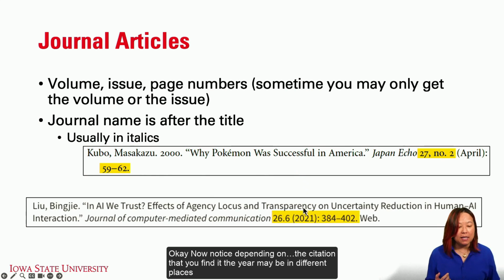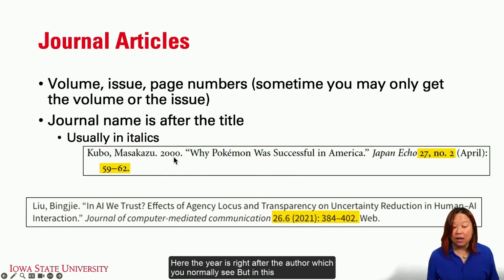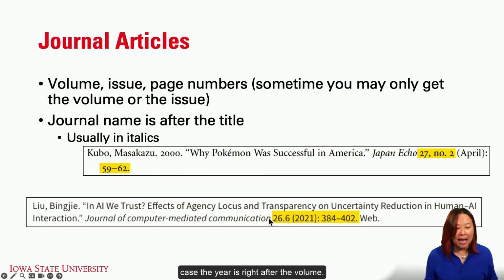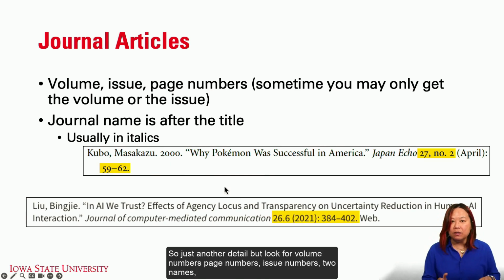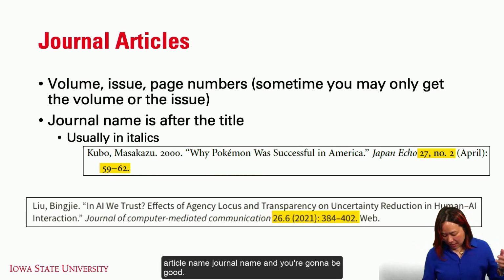Now notice, depending on the citation that you find it, the year may be in different places. Here, the year is right after the author, which you normally see. But in this case, the year is right after the volume. So just another detail, but look for volume numbers, page numbers, issue numbers, two names, article name, journal name, and you're going to be good.